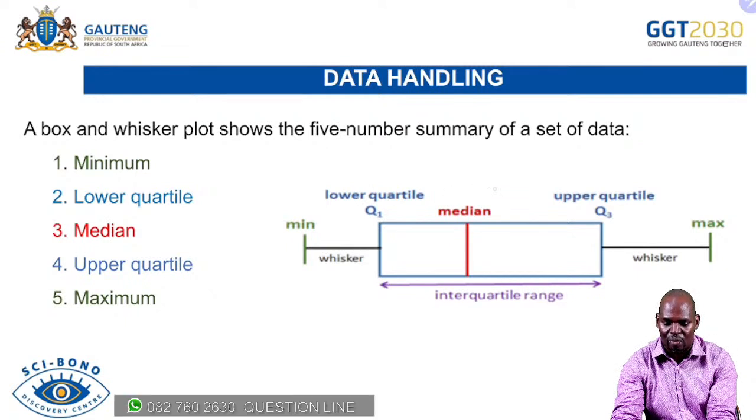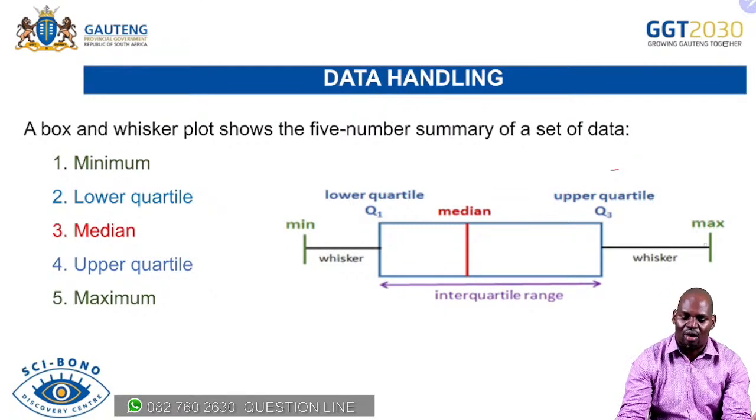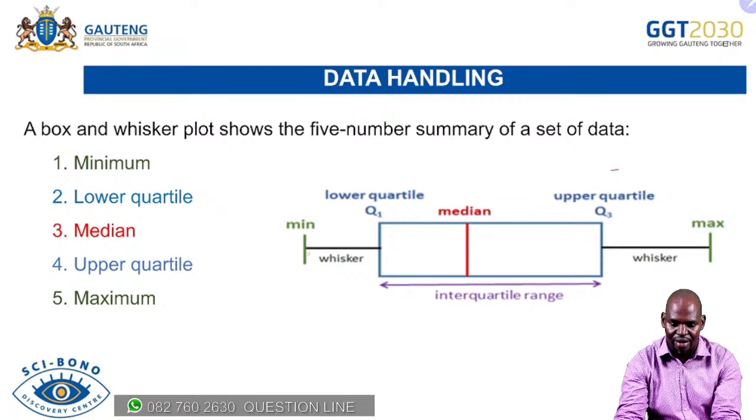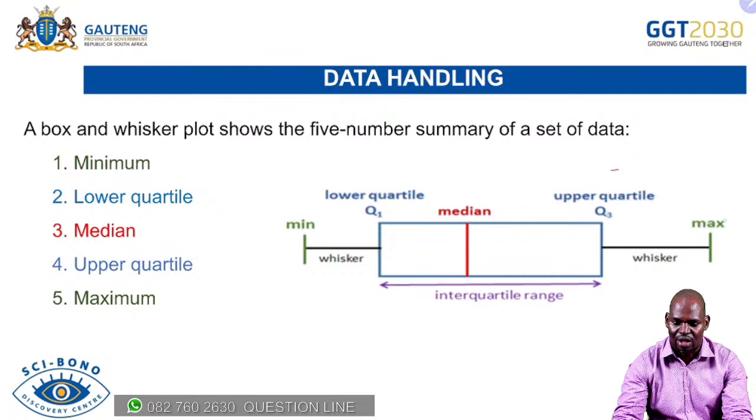And then in the middle there we've got the median, we've got the upper quartile or quartile 3, and then we also have the maximum there, that is the highest. So every time you see a picture of a box and whisker, you must know that this end is the minimum and this one is the lower quartile. This represents the median, quartile 3 or upper quartile, and that one is the maximum as indicated there. So that is in terms of quartiles.